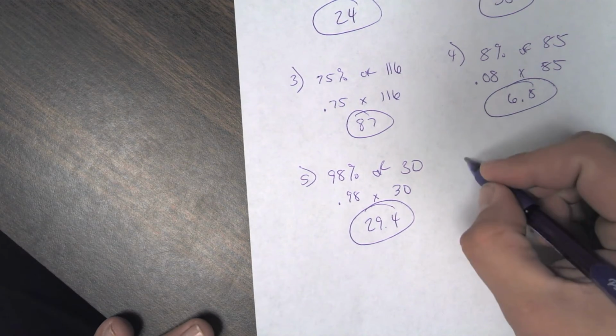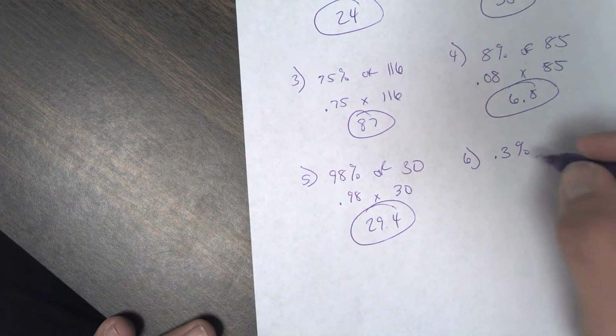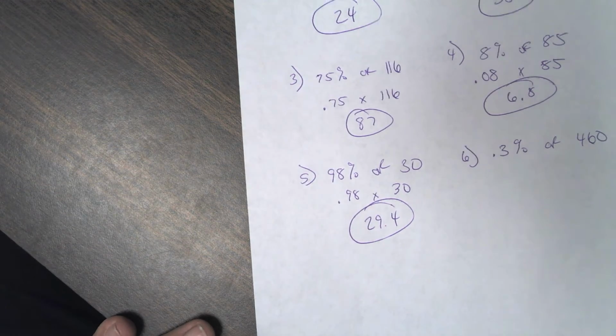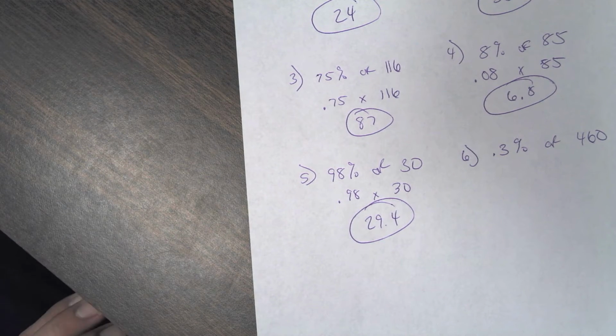And number 6. So we get 0.3% of 460. So what's this going to look like as a decimal? What's this percent going to look like, Kylie? 0.03. Nope. Close.